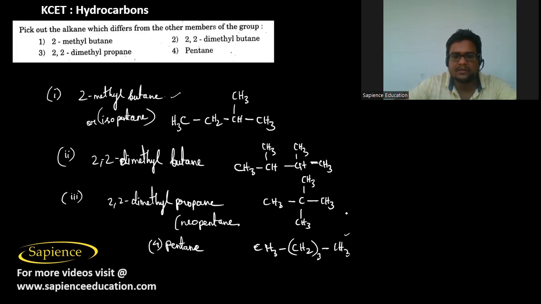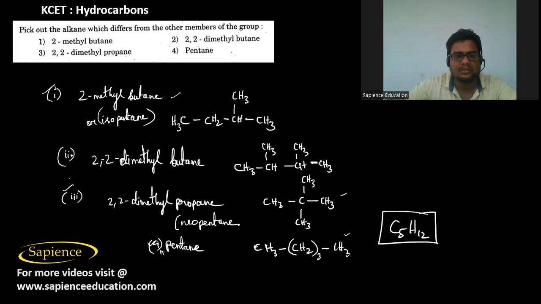So the molecular formulas of the first one, third one and fourth one are C5H12 only. So these three are the isomers of n-pentane.